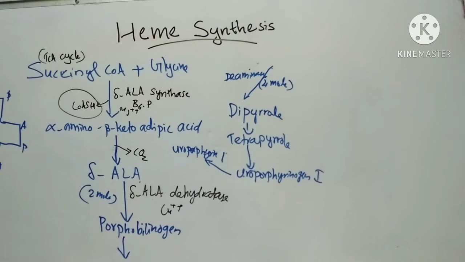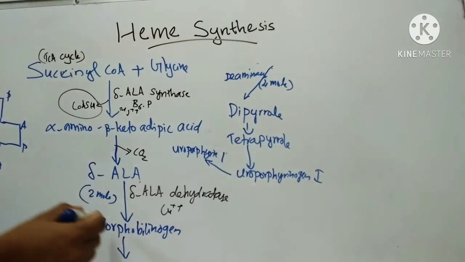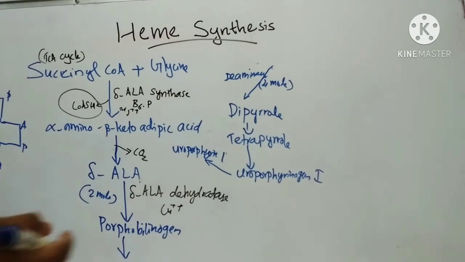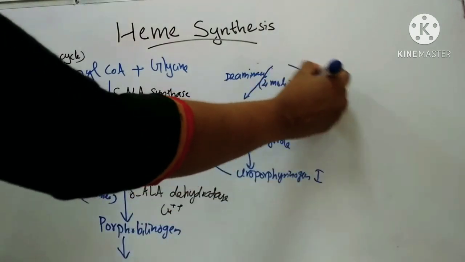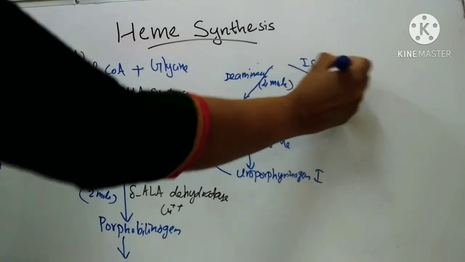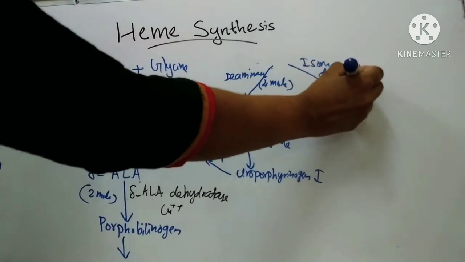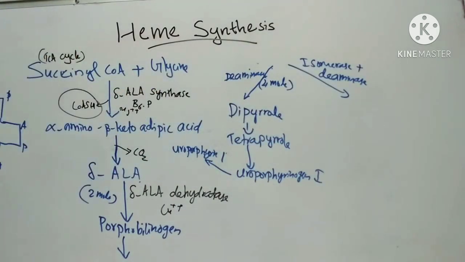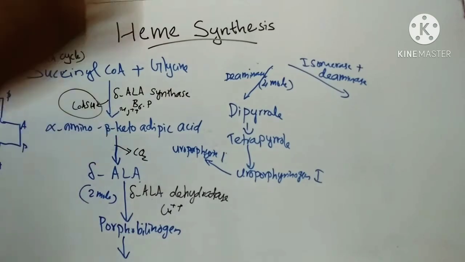The second step is formation of uroporphyrinogen 3 from porphobilinogen. By the action of the enzyme isomerase together with deaminase, there will be formation of uroporphyrinogen 3.